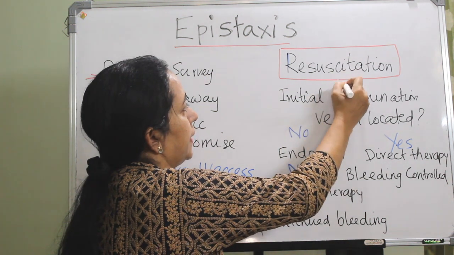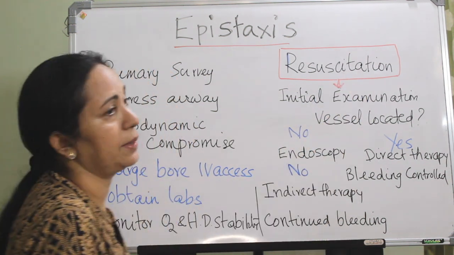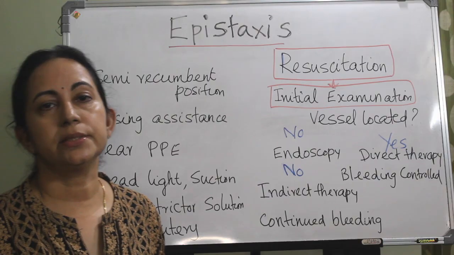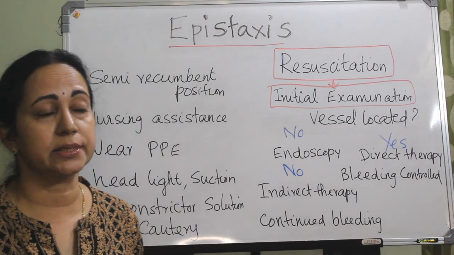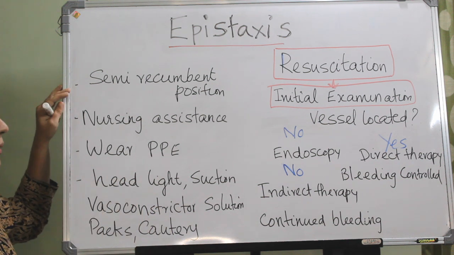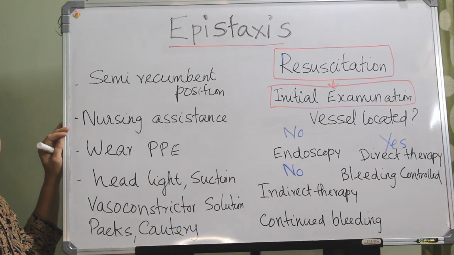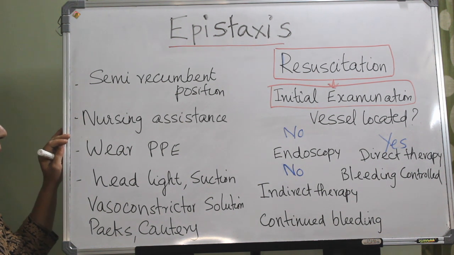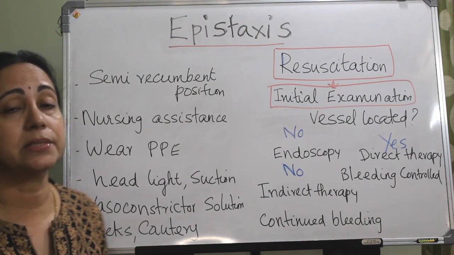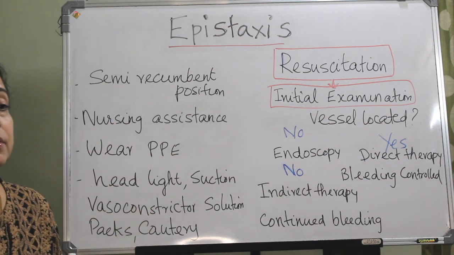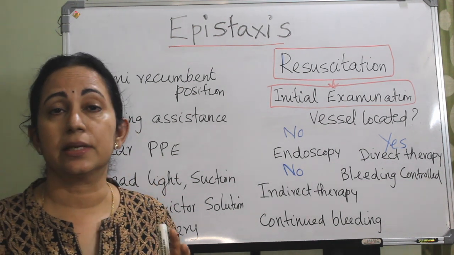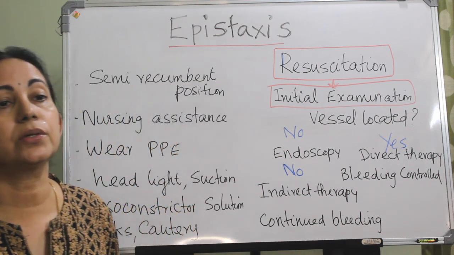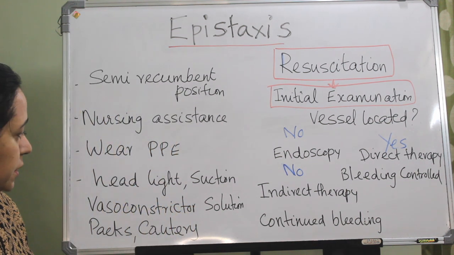After resuscitating the patient, go with the initial examination of the patient. It is always better to do the initial examination in a semi-recumbent position, and always call for nursing assistance, because nursing assistance is mandatory. And don't forget to wear personal protective equipment, especially the visors, protective glasses, and also protective clothing, because there is a chance of aerosol contamination.